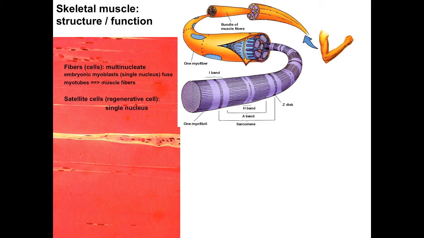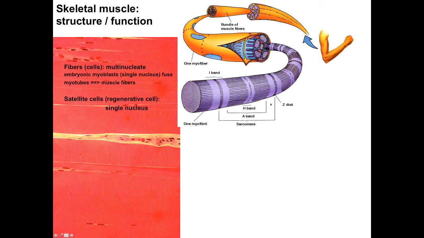Because these myoblasts fuse into myotubes, these myotubes become the muscle cells, and the muscle cells will wind up being multinucleated. Satellite cells, on the other hand, are the regenerative cells for skeletal muscle. They maintain just a single nucleus.